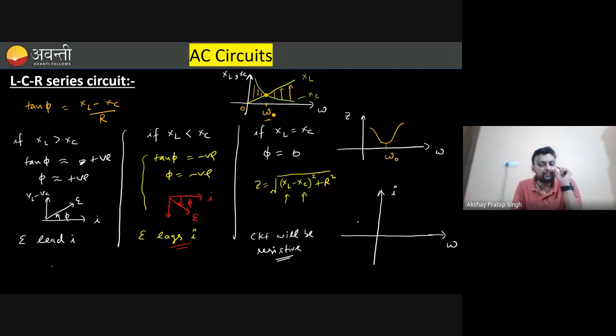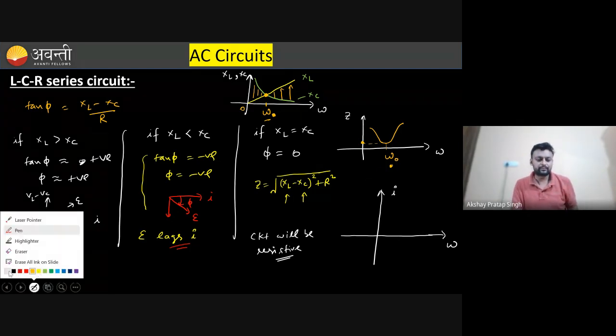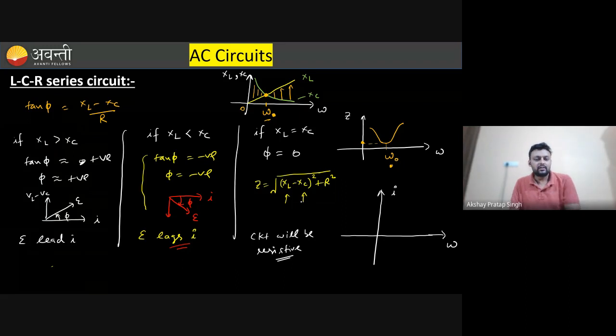Can anyone tell me what is the value of Z at this point? Can anyone answer? Very good, JNVPTA and Hoysala say R. This value is going to be R.